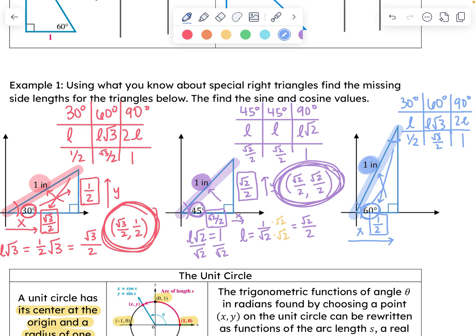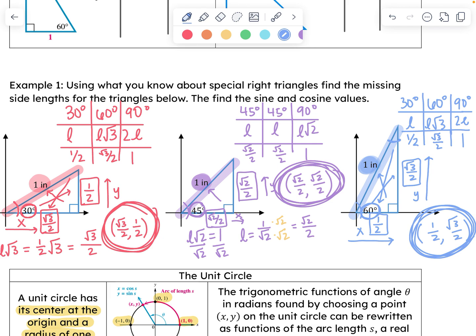But now across from our 60-degree angle is going to go up and down over here. So up and down would be our y value. So our point is now 1/2, and then that square root of 3 over 2. It's switched places from our 30-degree angle being at the origin to now our 60-degree angle being at the origin.